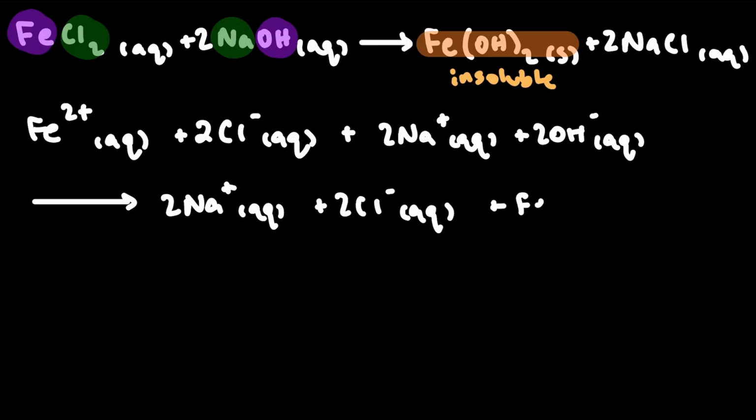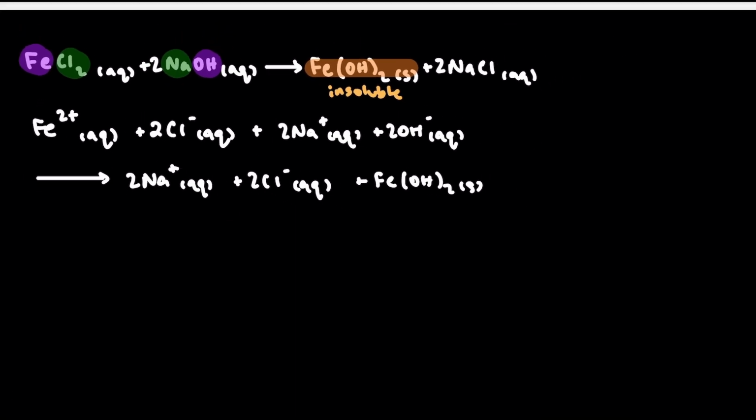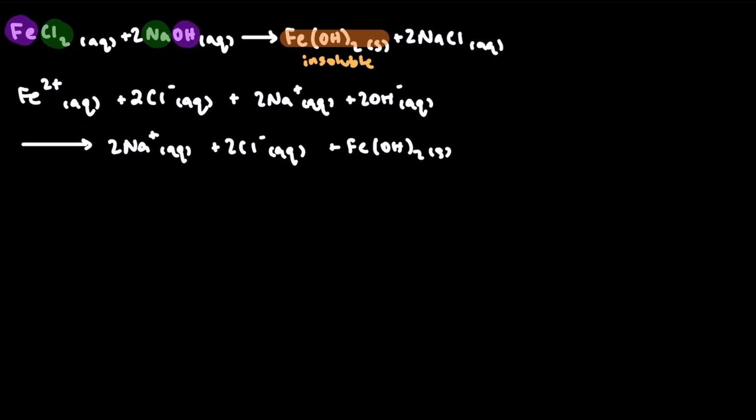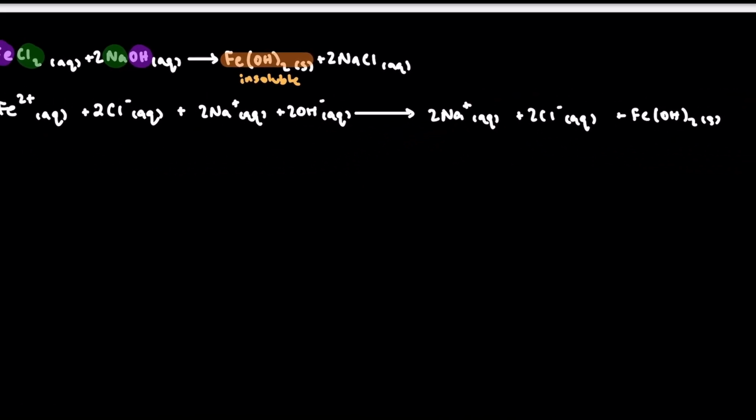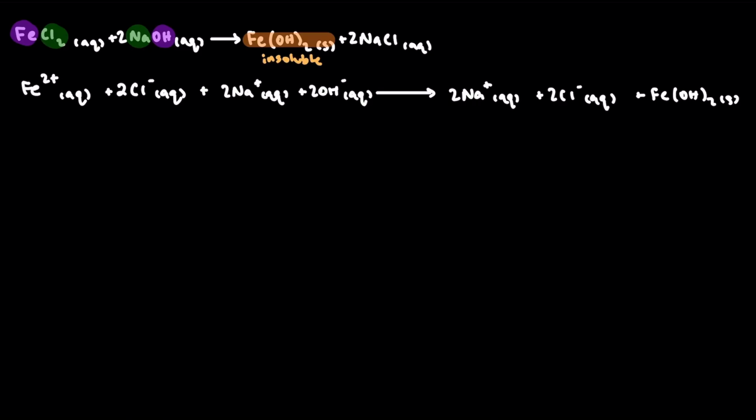And I'll just have the solid iron hydroxide left over. Now that I have this, I have a whole equation which I can see represented as split ions, where I've split only the aqueous ions here, here, and here.